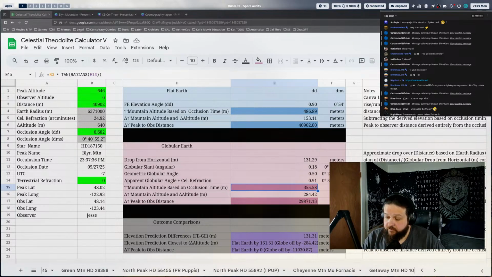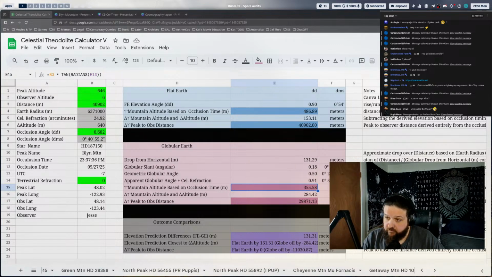If you were to go with a theodolite from your observing location on a full moon night and measure the mountain peak that you're using for your occlusion, and you get the altitude and azimuth from the theodolite, and then you go into Stellarium and look up that particular star that is going to become occluded by that mountain peak, and look at the time that Stellarium says that star is going to be at that azimuth of that mountain peak, which is essentially the moment that it becomes occluded.